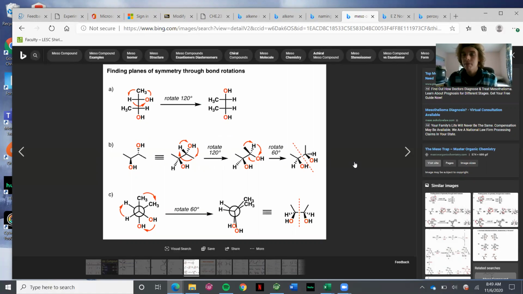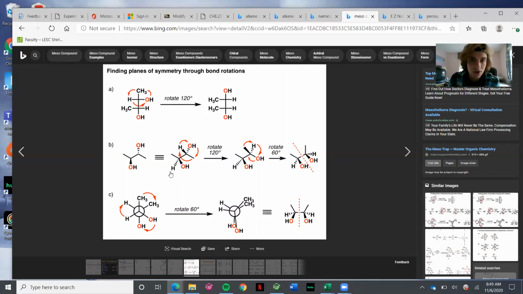They don't have chirality because you're able to rotate them about 1 bond and find a plane of symmetry. So here's a great example, finding planes of symmetry through bond rotations. Rotate 120 degrees, and here you get a nice meso compound where you can split it right down the middle.